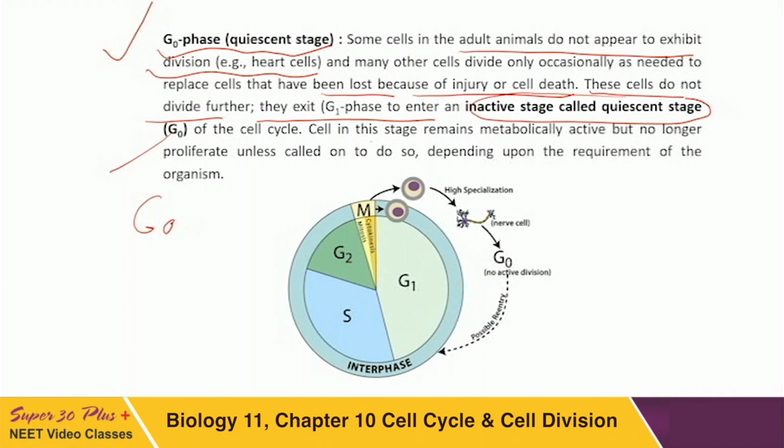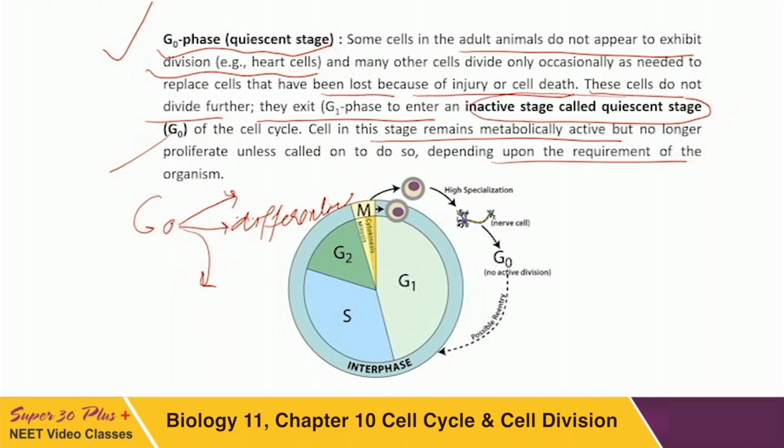Cells in this stage remain metabolically active, but will not divide till they are asked to. Depending upon the requirement, G0 will either remain silent or differentiate, or if it is asked, it will enter into division.